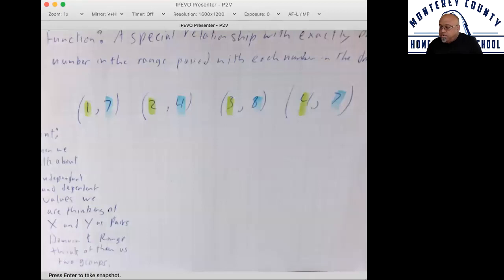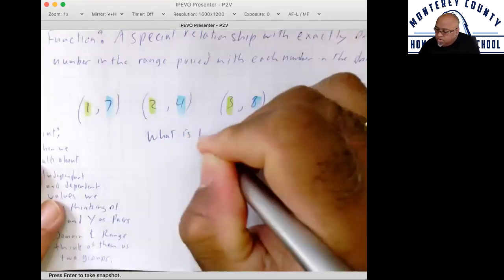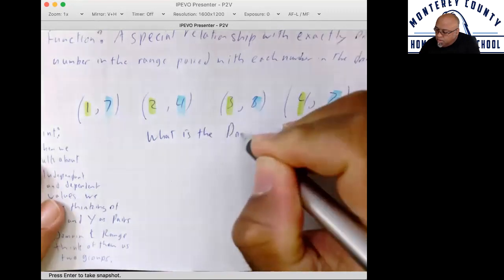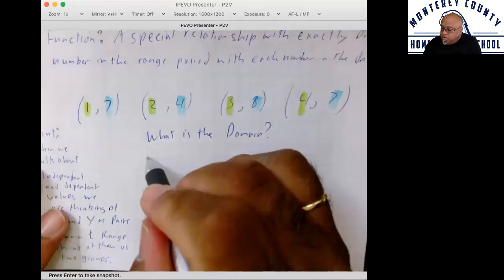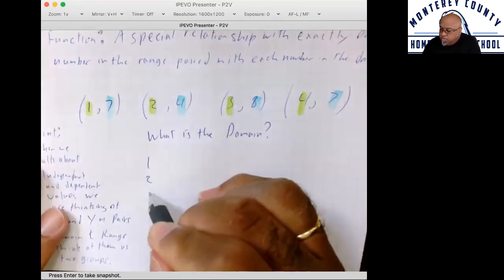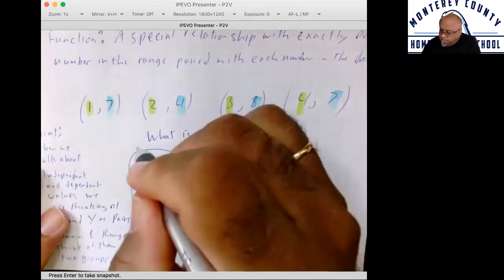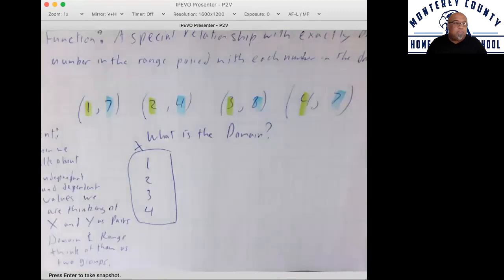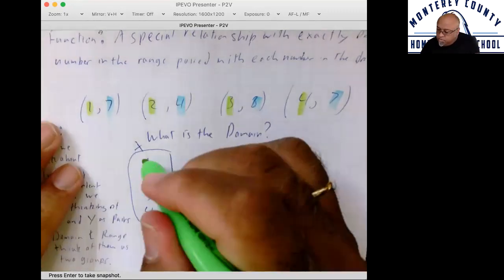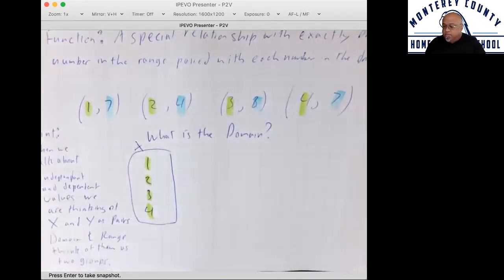So if there's a question asked, what is the domain? Then you would say the domain is 1, 2, 3, and 4. It's a group. I'll just name my group X since those are my X values. Now you don't have to, but I'm going to color code mine so that it's just very clear.